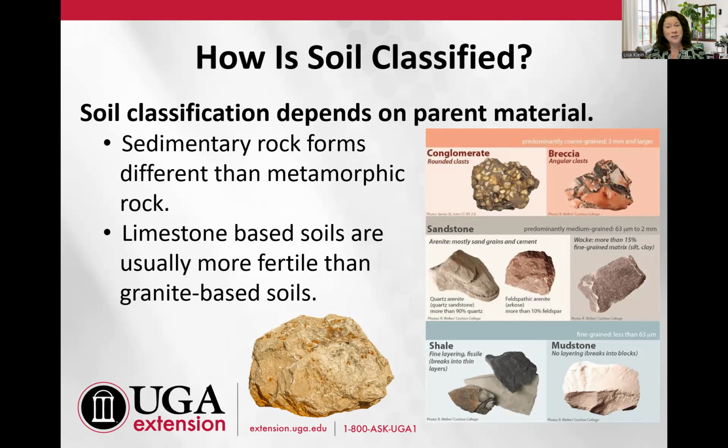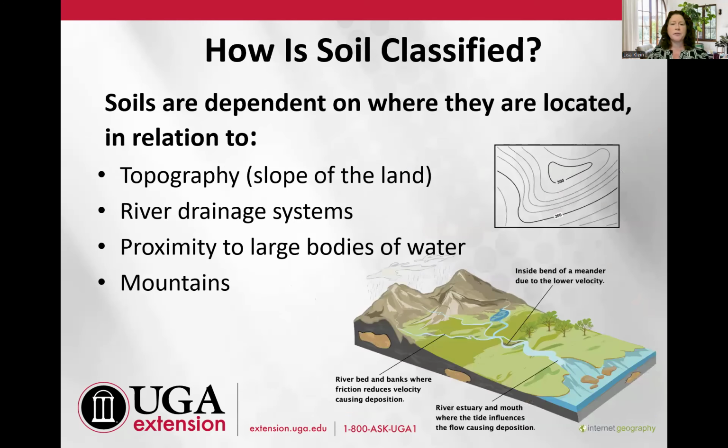Also, you can get fossils. So if you like to go fossil hunting, you can go up in the very far northwestern part of our state. That's a slightly different geologic area than what we're in here, and on into Alabama, and there's a lot of fossils up there. And then there's mudstone, and there's all sorts of others, but those are just some examples.